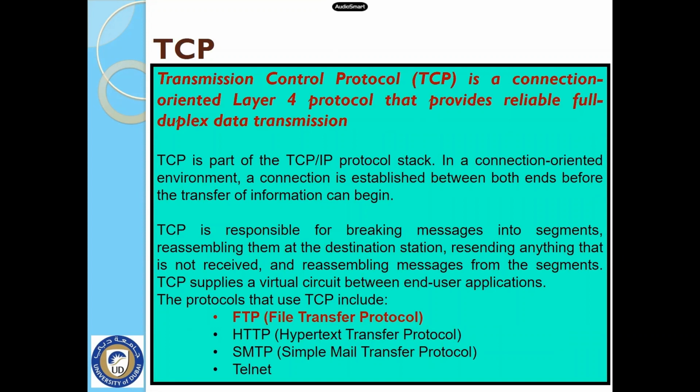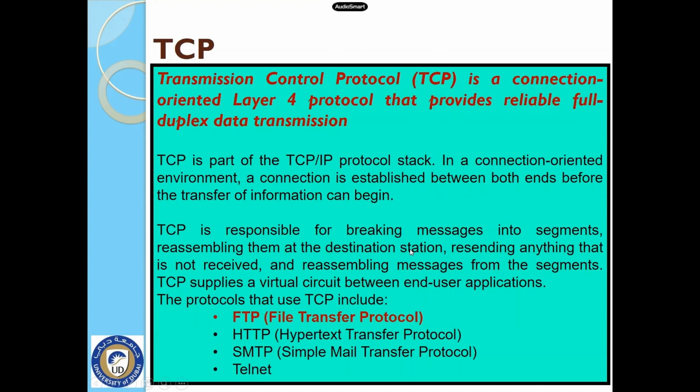If the destination is available, it can receive data, it will send a message, what we call acknowledgement, to the source host saying, okay, I'm free, you can send data. Then the connection will be established, then data transmission will happen. So this is what it meant here, there is a connection establishment between both ends.